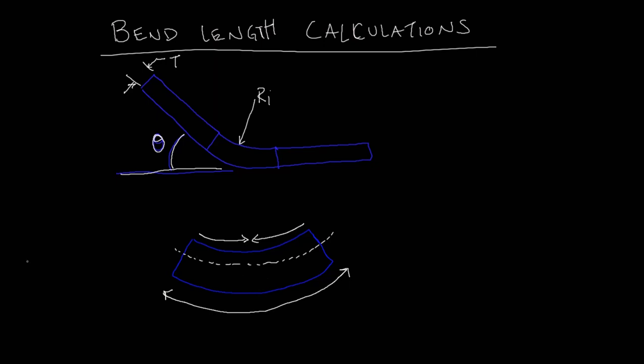So if you were to flatten this curved section out, and you look at the neutral axis, it has the same length as the neutral axis when it is unbent or in its original shape.